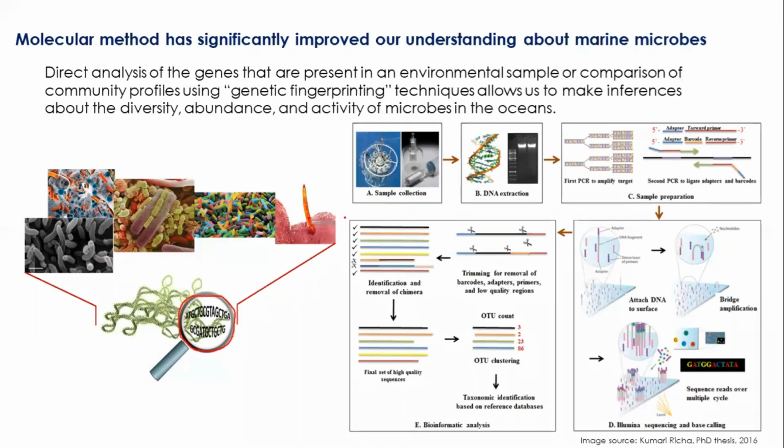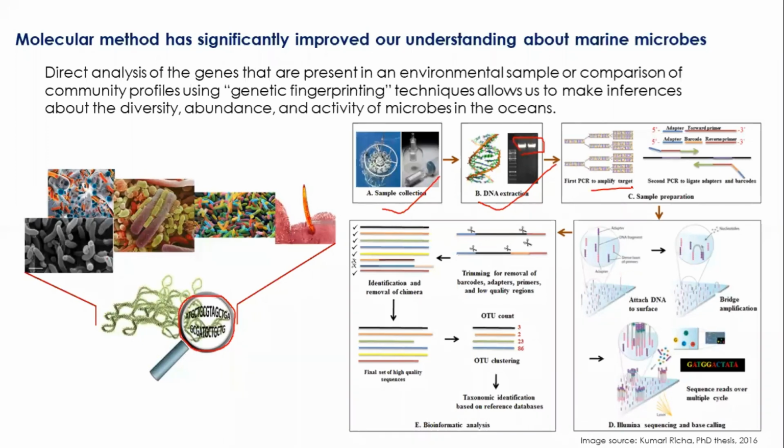Steps include, first, sample collection, which we have already seen. Second is DNA extraction. Depending on the kind of microbes you are working with, there are several DNA extraction protocols that you have to follow in order to get high molecular weight, good quality DNA. After the DNA extraction, you have to amplify the target.